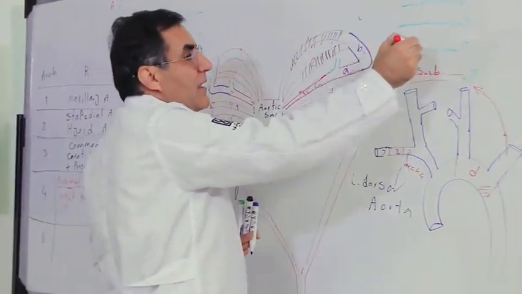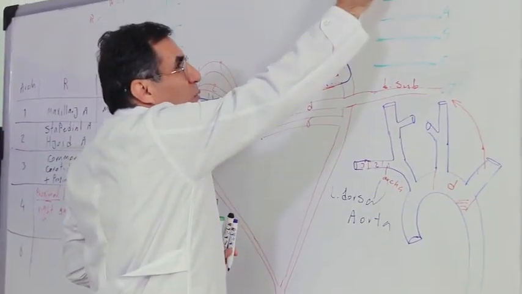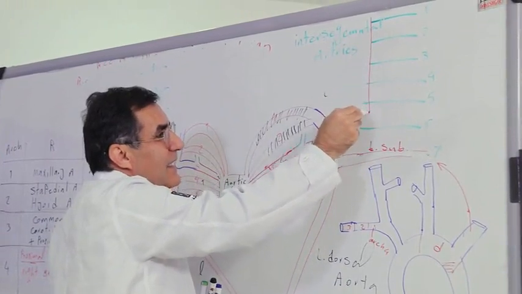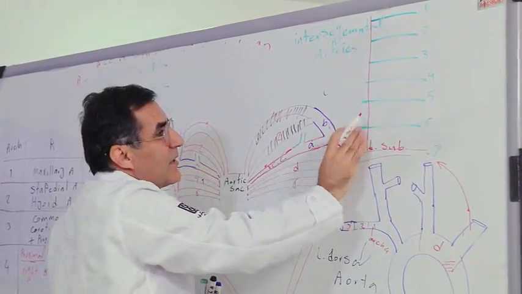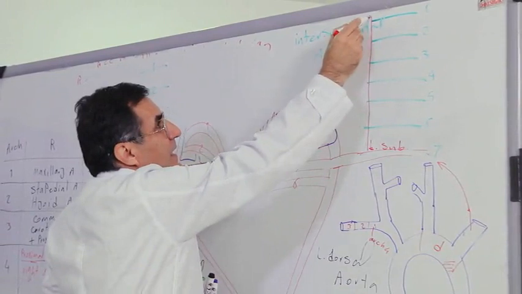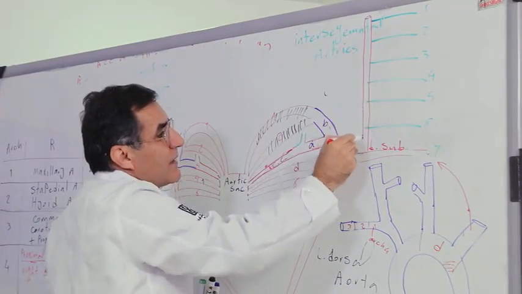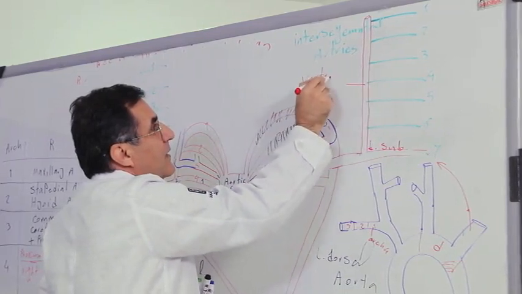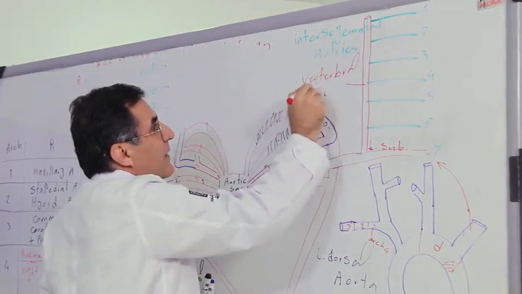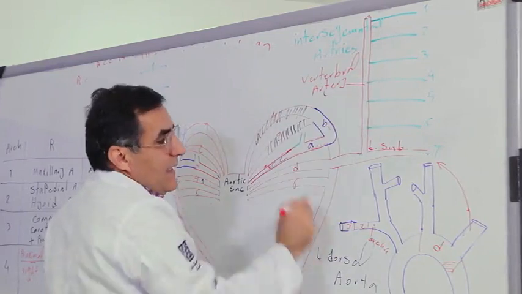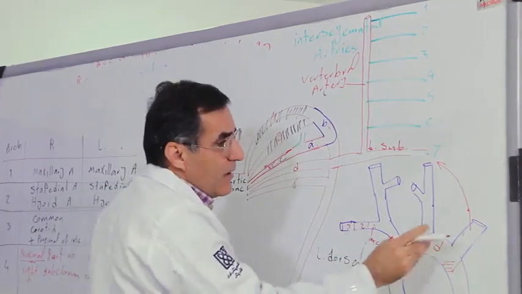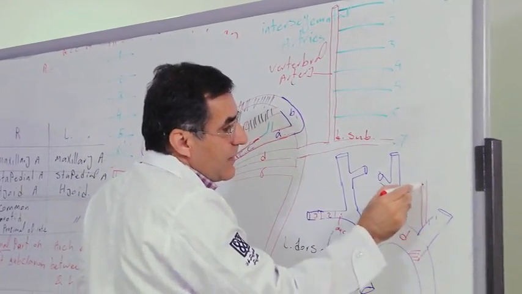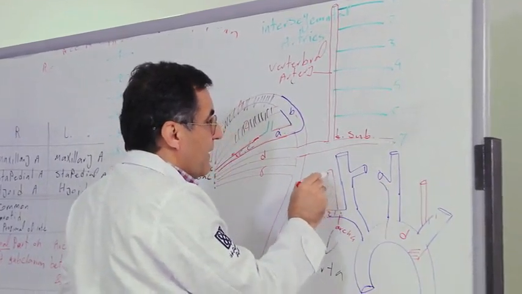What about the other segmental arteries? A communicating artery connects these intersegmental arteries and makes one important artery whose name is the vertebral artery. In anatomy, the vertebral artery is one important branch of the subclavian on the right and the left.